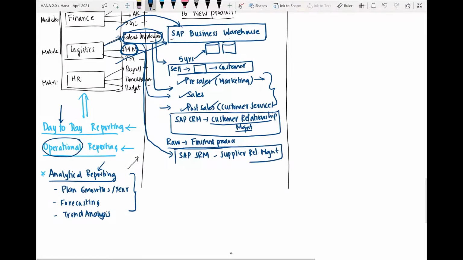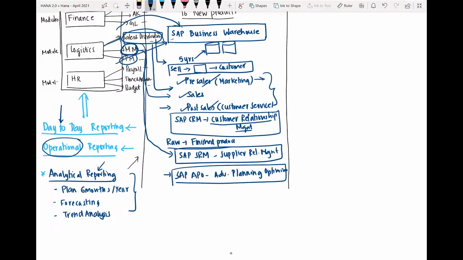Just like this, for plant maintenance, there was an additional complementing product called APO, Advanced Planning Optimizer. How do I efficiently manage my plant maintenance? This is how several of the 16 products got created.